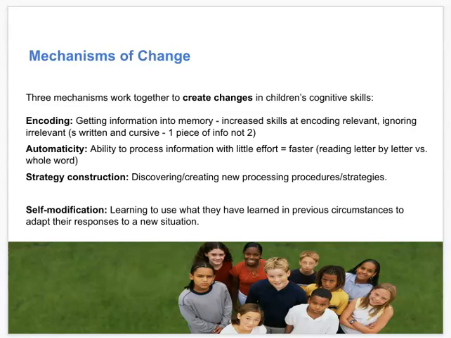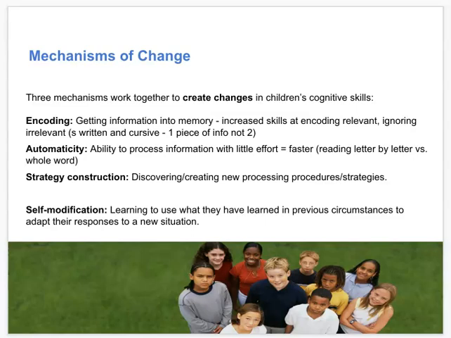And then strategy construction. This is the ability to discover and create new processing procedures and strategies. So as children grow up, they start to see strategies for making things easier, being creative in how they're learning.